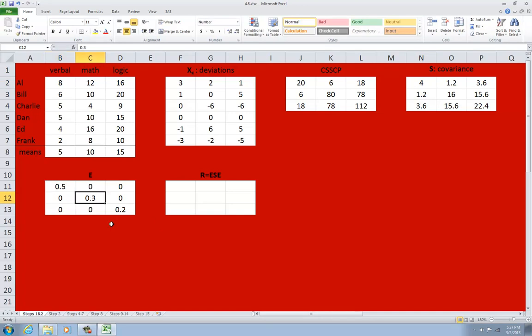And then this 0.3 is actually 1/4, because the square root of 16 is 4, so 1/4, which will round to 0.3. And then we can make this equal to 1 over the square root of 22.4, which is 0.2. If we wanted, we can extend this out.